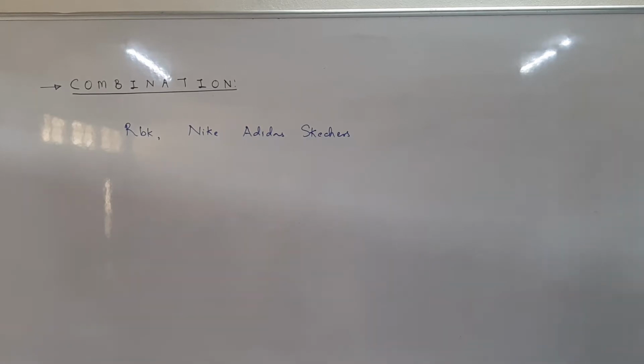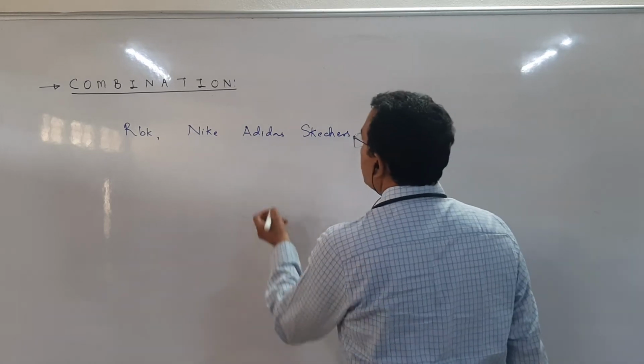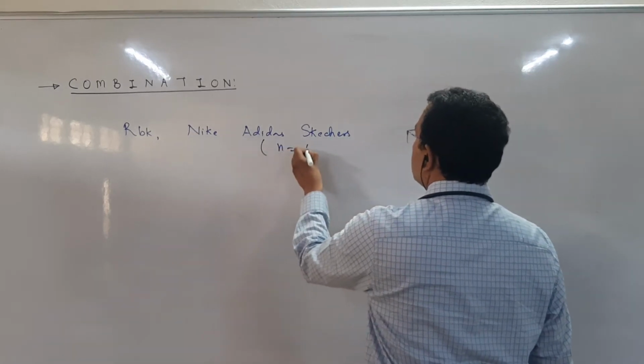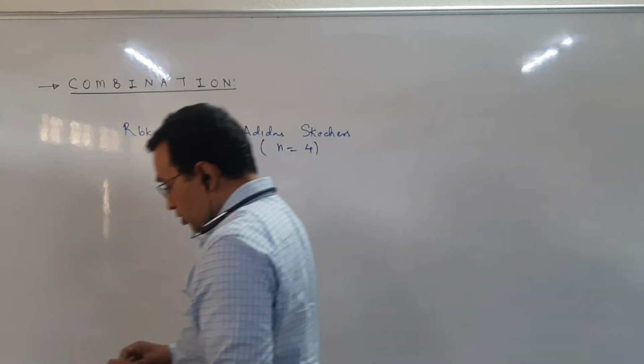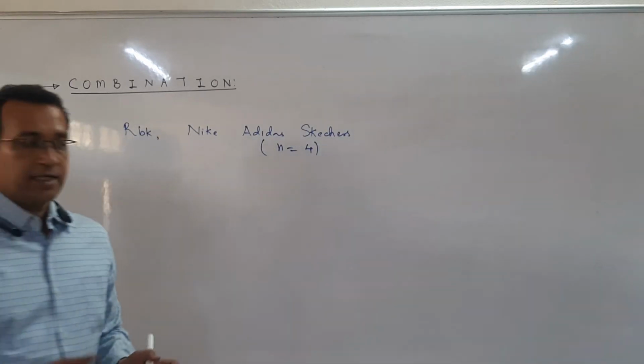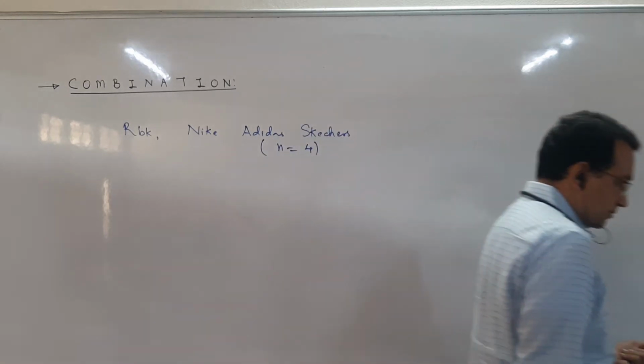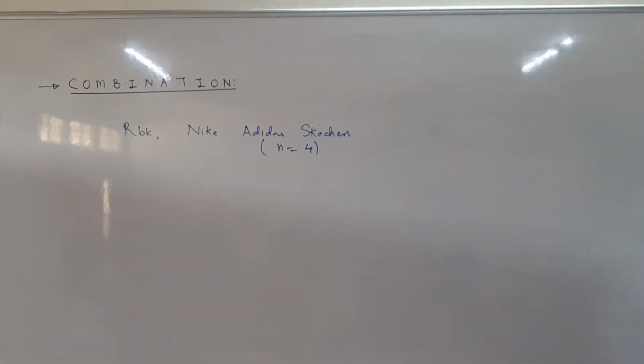So total available companies are 4. So students, we write N is equal to 4. Total available companies are 4, and total always in P and C, students, is indicated by N. Now, students, you at this level will definitely go to mall with your parents, and when your mother is accompanying you, she will tell that only 2, not all 4.